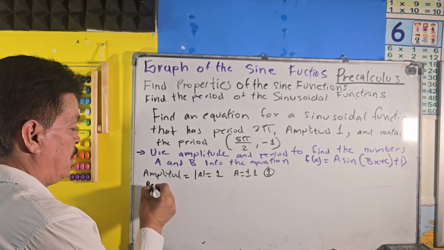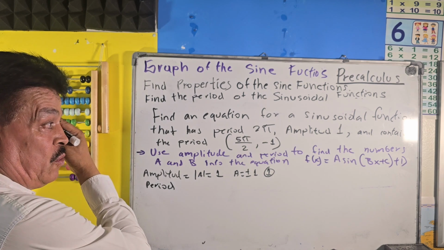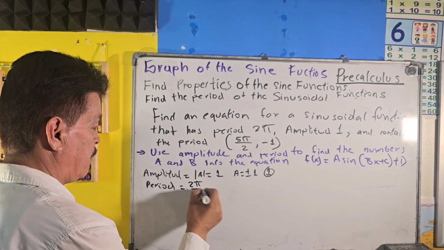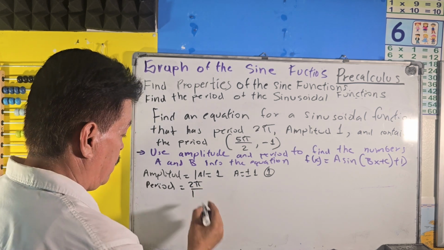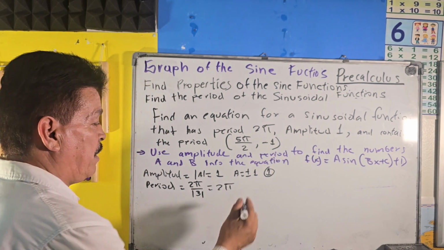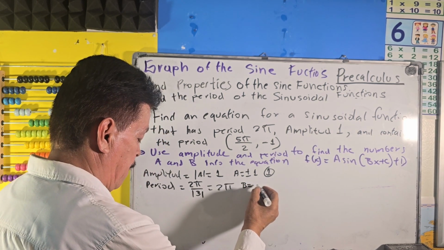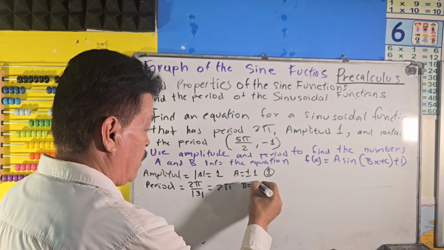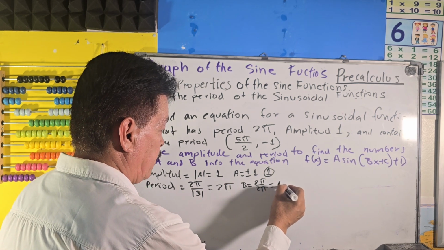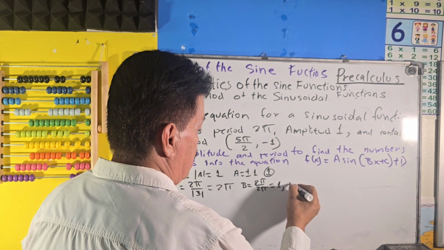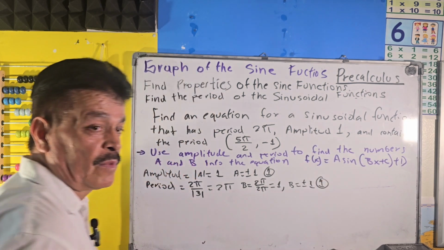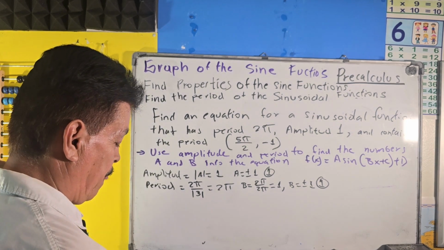And then period. What is the period? It's right there too. The period equals 2 pi divided by b. So this means b equals 2 pi divided by 2 pi, which equals 1. So b equals positive or negative 1. We select 1.